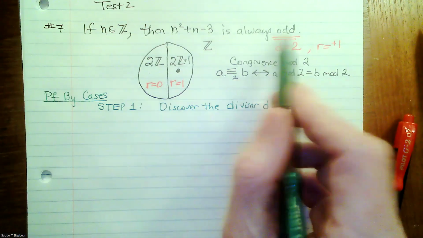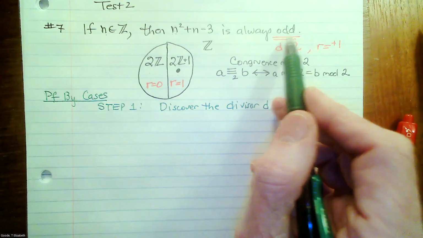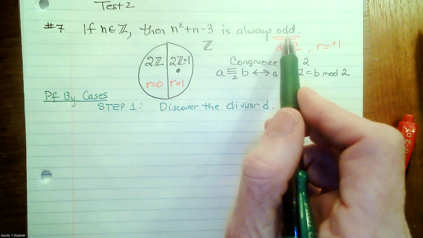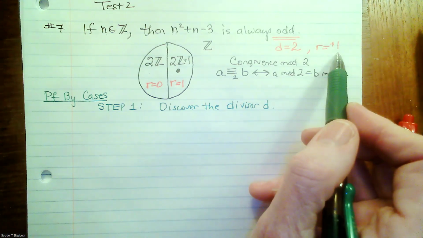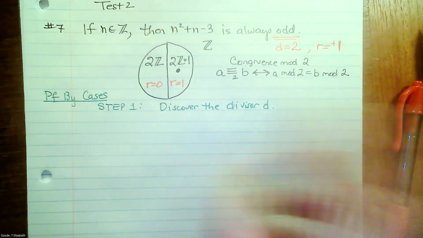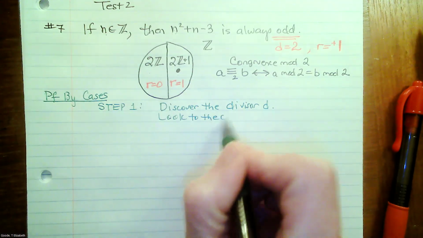Look at the conclusion. The conclusion will give you enough clues to tell you what D is. Here, we're being asked to prove something is odd. That means when we divide it by D equals 2, we're expecting this particular remainder, the remainder R equals 1. So look to the conclusion.